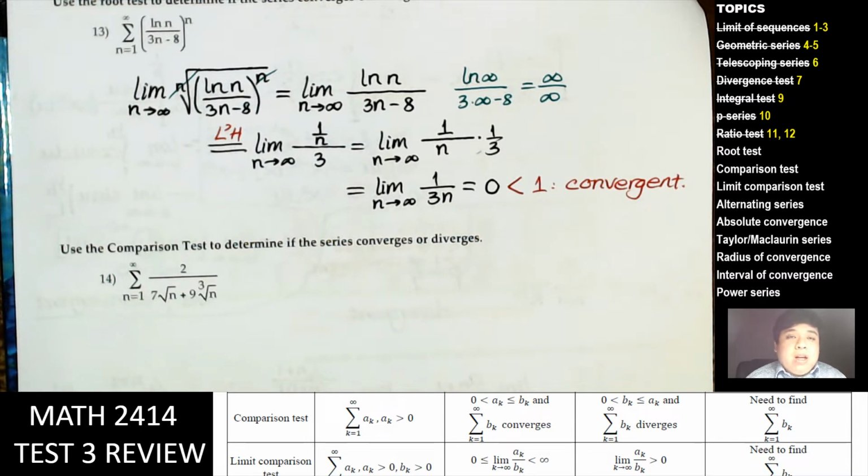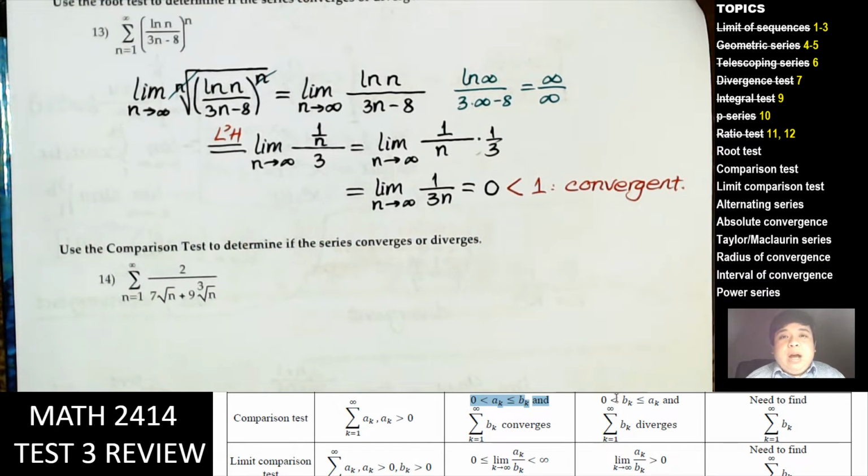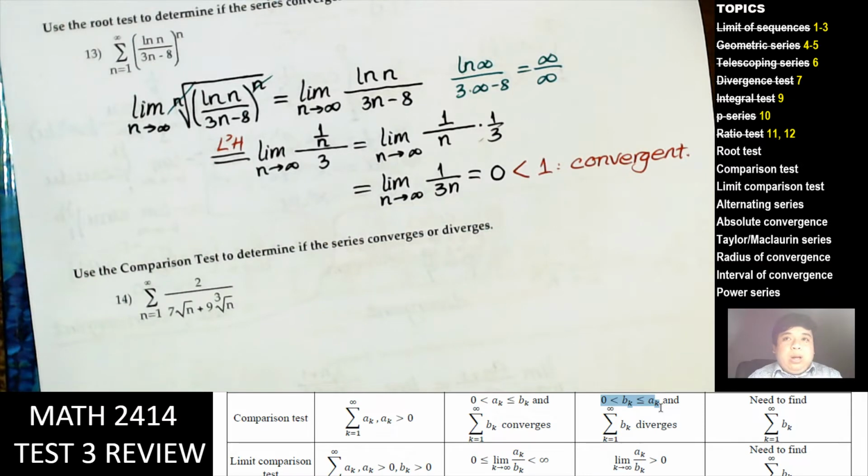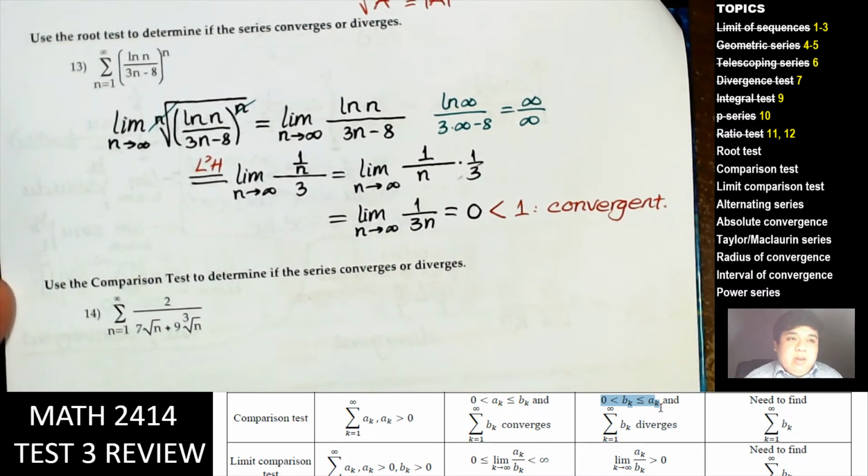So what we compare to, oops, sorry. If we have something that is less than a convergent series, it will be convergent. If we have something that is greater than a divergent series, it will be divergent. So less than convergent is convergent, greater than divergent is divergent.